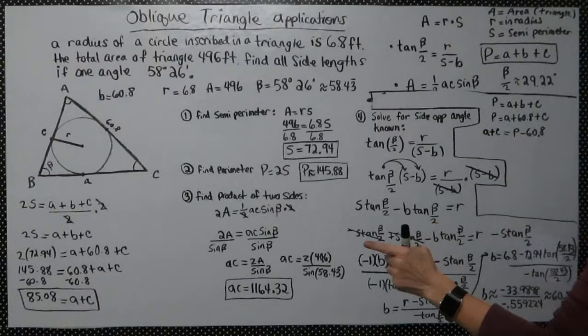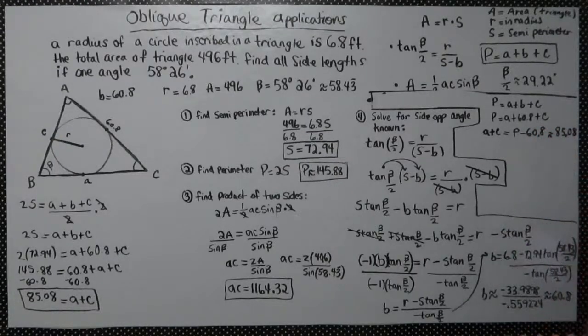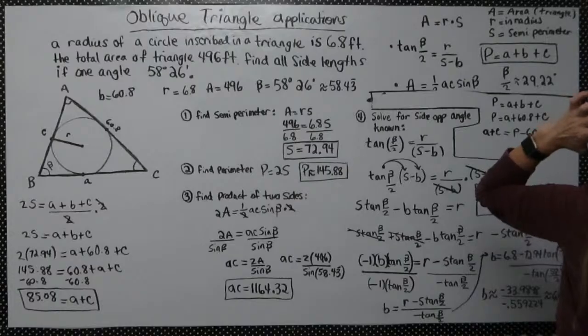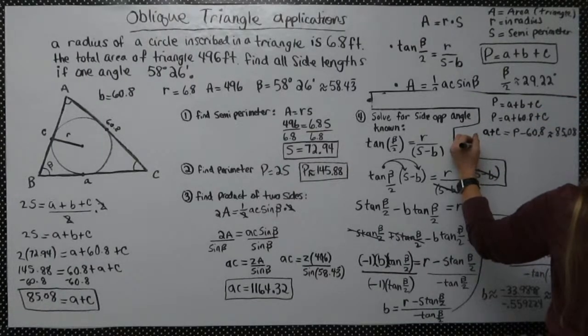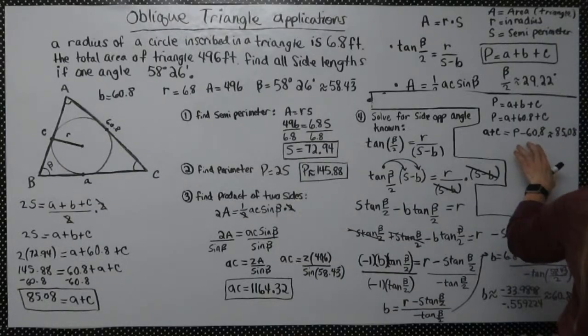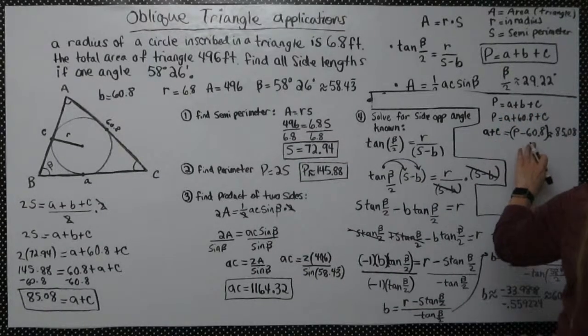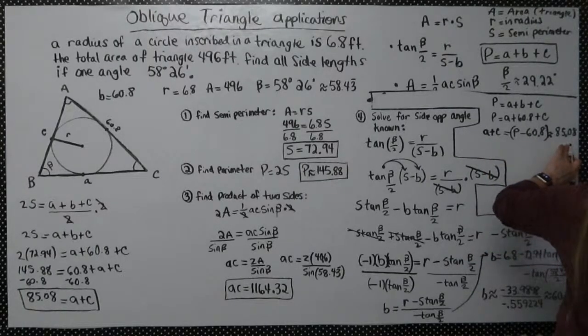And I also know that that is equal to 85.08. Okay, that's getting me somewhere. So I have this thing. Perimeter here minus 60, or P minus C rather, is equal to 85.08.